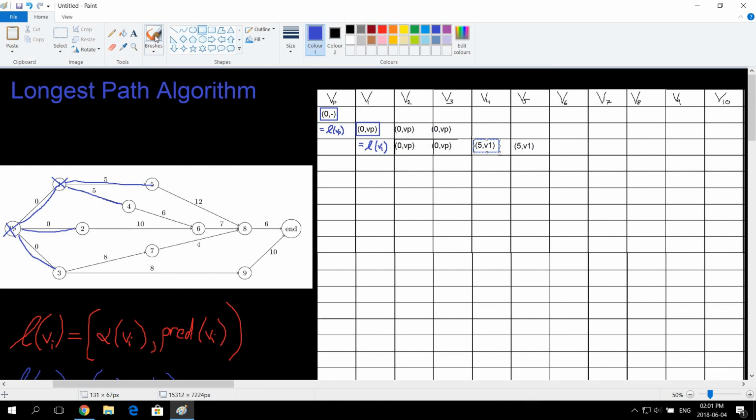We're now going to label this as the L V4. So now this has a permanent label. So now everything we didn't use needs to go down one.